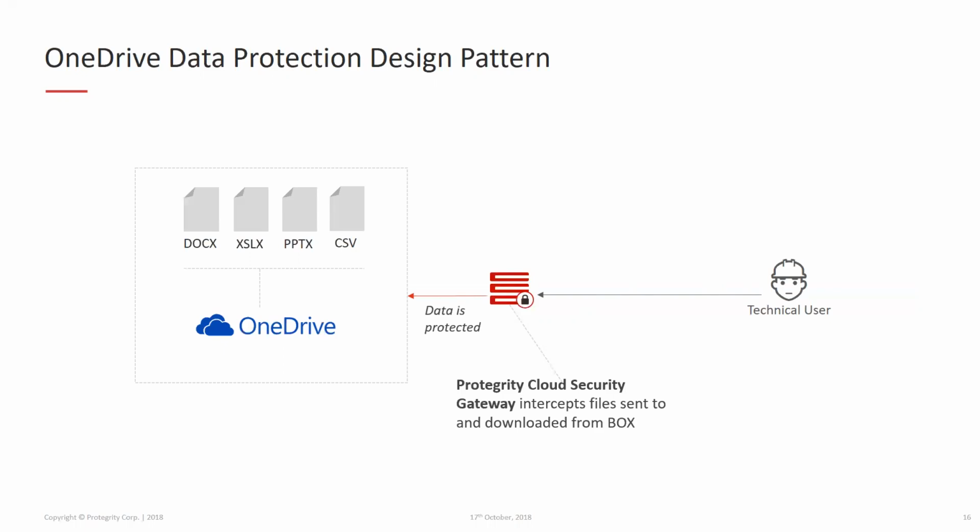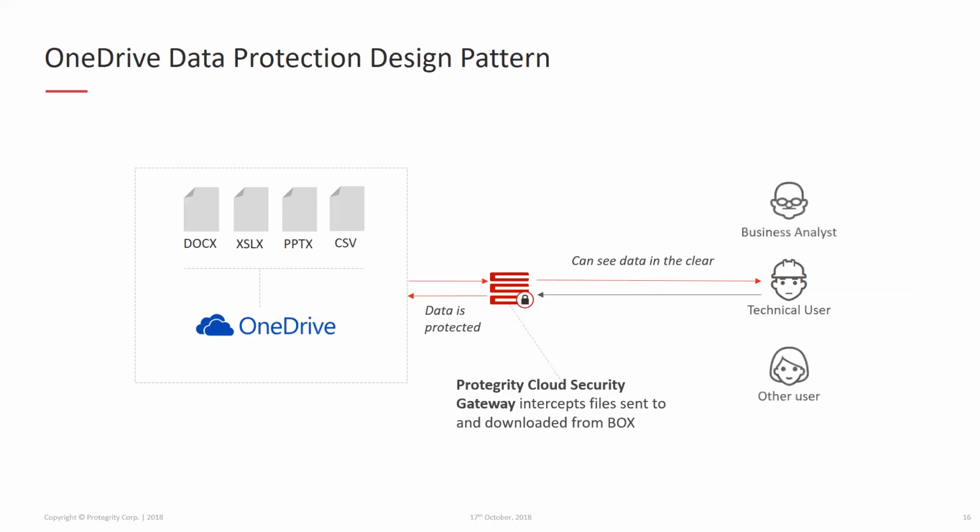All information is protected, and if somebody wanted to access OneDrive directly, without going through the gateway, what they'll see is essentially tokens or encrypted data, depending on what we decided to do. If a person downloads the file, of course, they can see the data in the clear if they're the document owner and defined in the data policy.